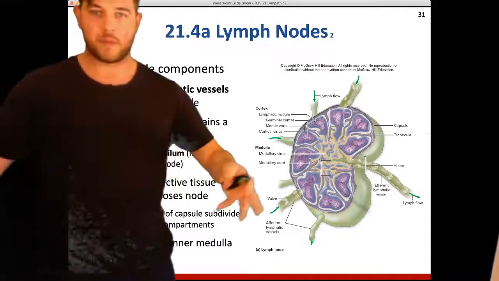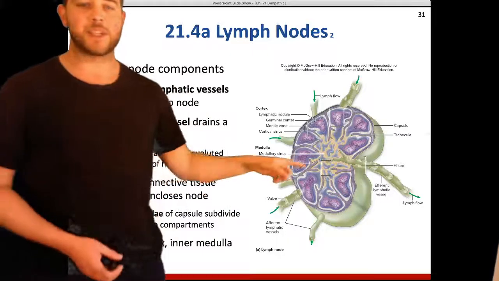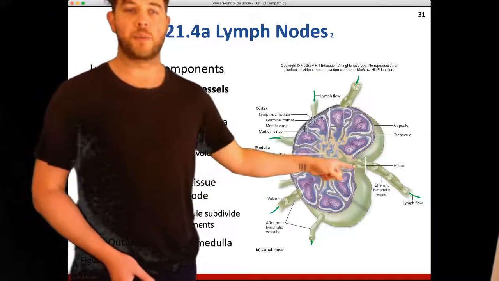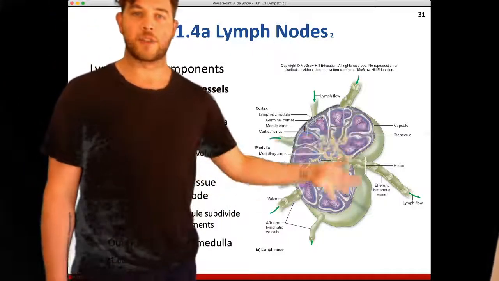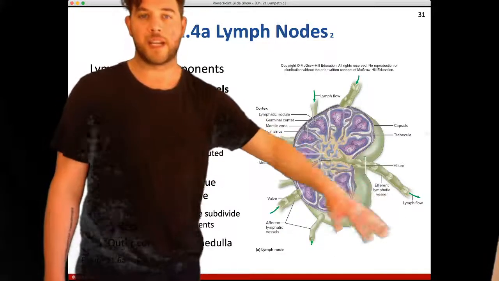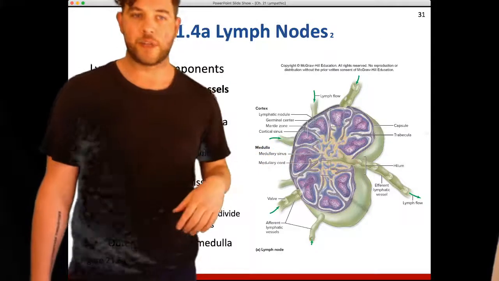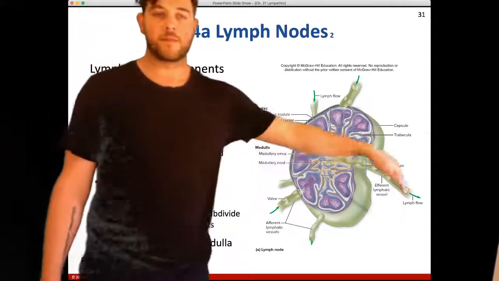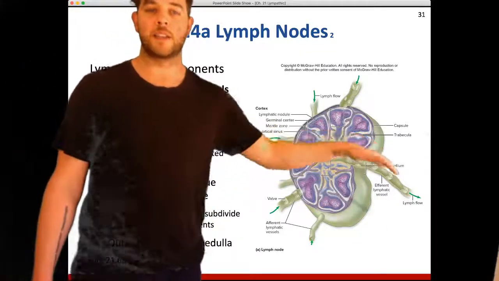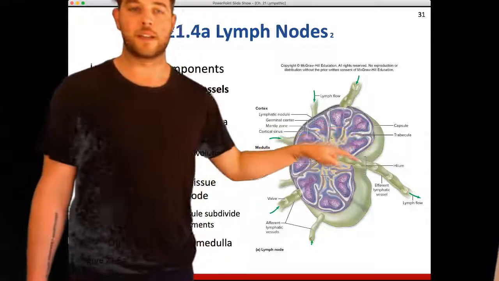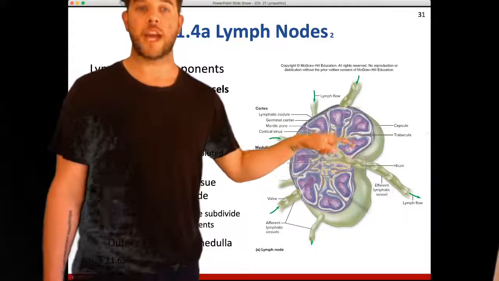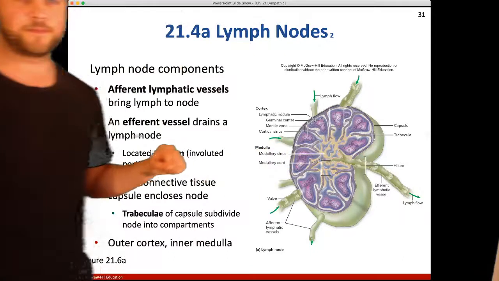We'll see hilum occurring in several different things. A hilum is just a passageway, the opening within an encapsulated structure that the vessel exits out of. You have a hilum in your lungs, in your kidneys, and in each one of your lymph nodes, that allows the efferent vessel to be continuous with the capsule of the lymph node.